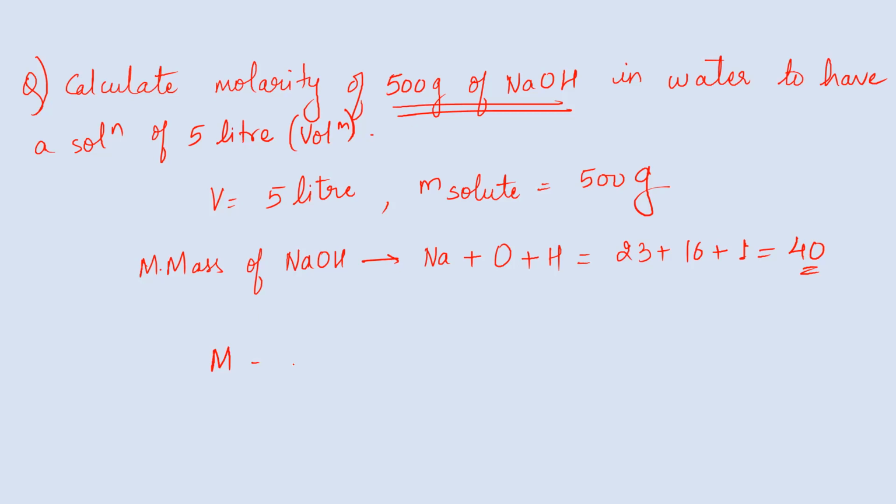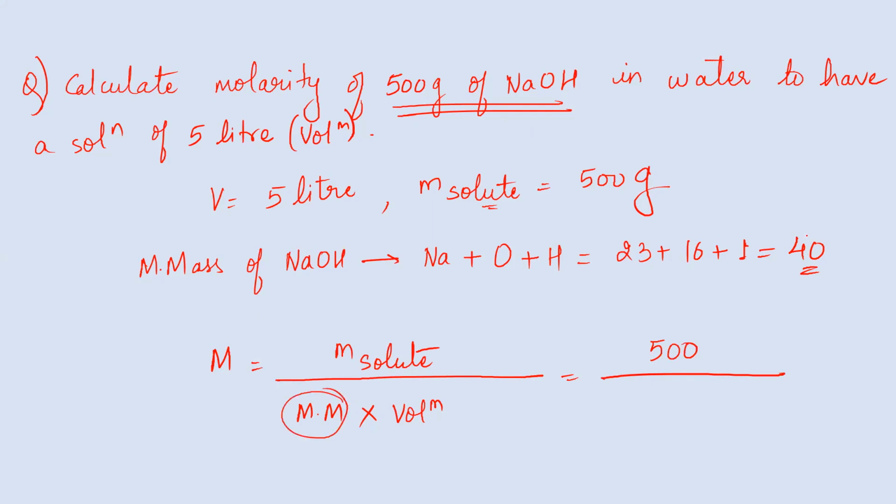Now the formula of molarity is mass of solute divided by molecular mass of that particular solute multiplied by the volume. How much is the mass of solute given in the numerical? It is 500. Divided by the molecular mass, 40.